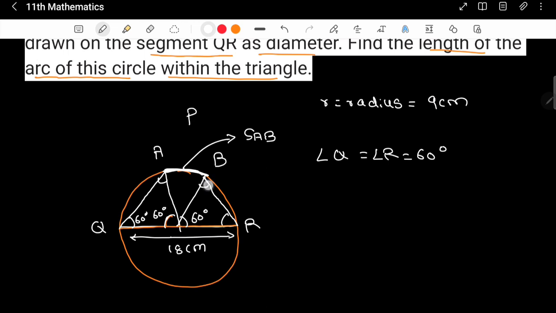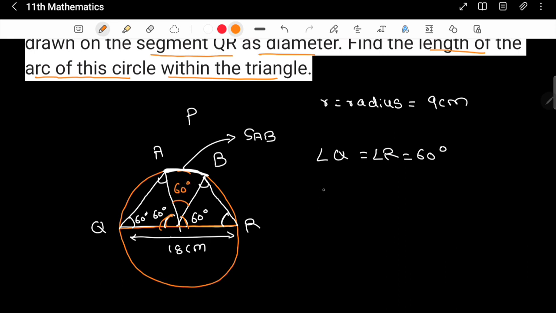This is also 60. This is also 60. Now see, this is a 180 degree angle, a complete angle. From that, these two are 60 and 60. So this also comes out to be 60 degree.